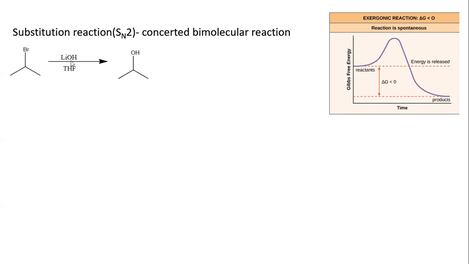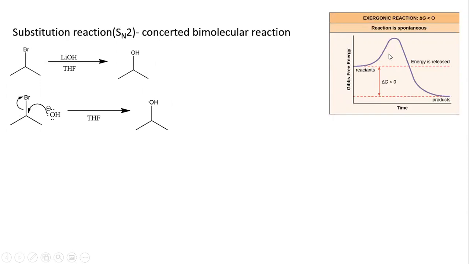So hydroxide is our nucleophile. We use a solvent THF. We get the substituted isopropanol. At the same time, the nucleophile attacks from the backside, the bromide leaves, and then we get our substituted product. And again, this is a one-step reaction.